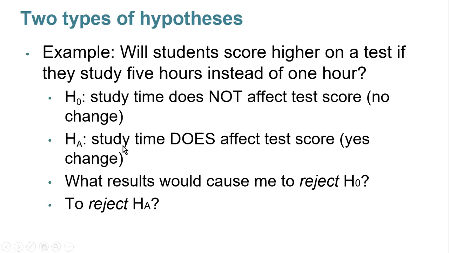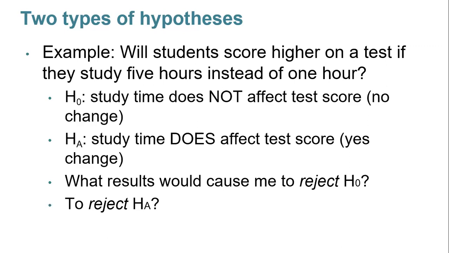So in this case, the null hypothesis states that study time will not affect test scores. So if we do the experiment and then we see that study time does affect test scores, then we reject the null hypothesis. We reject this one because our results contradict it. And then we would accept the opposite hypothesis, which is the alternative hypothesis.